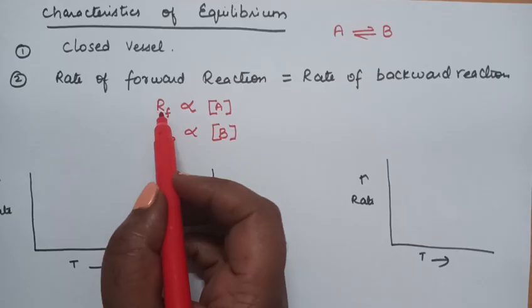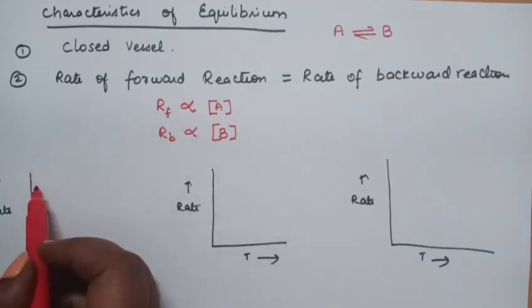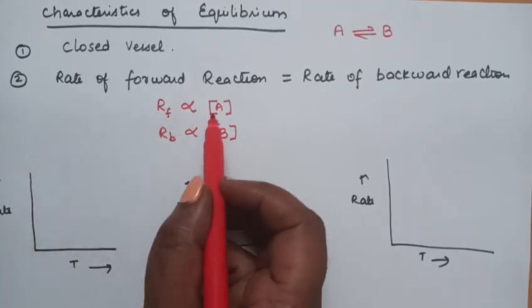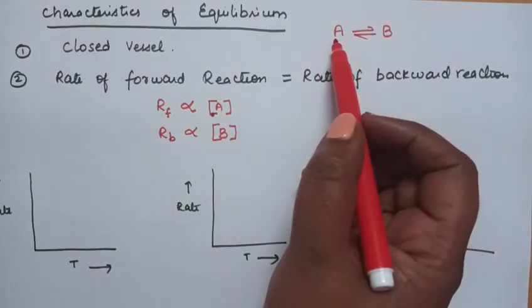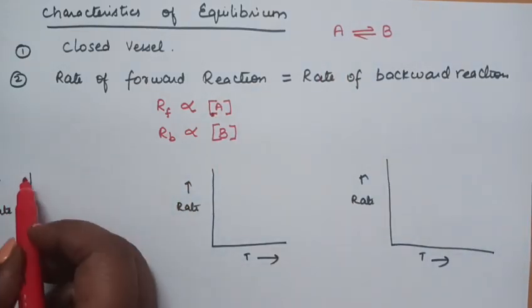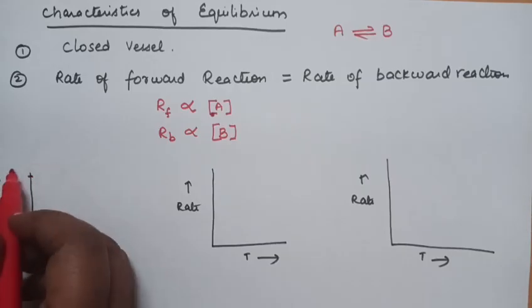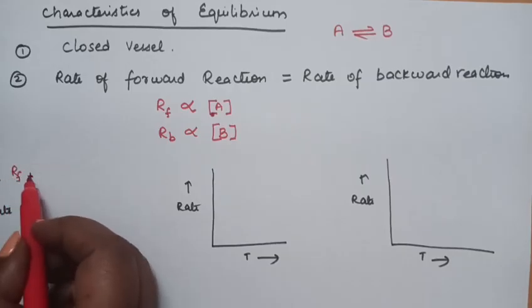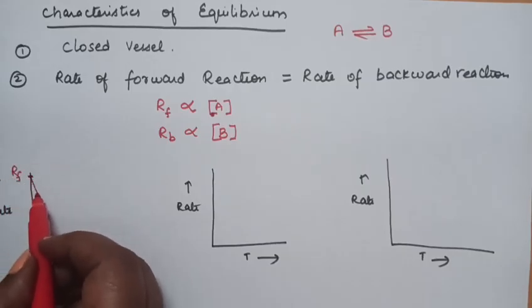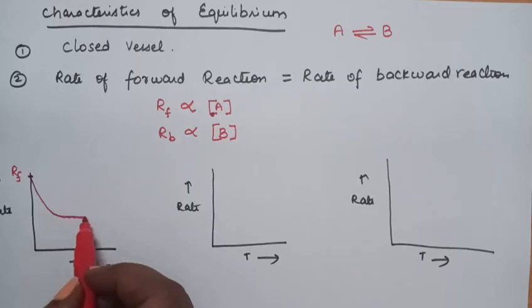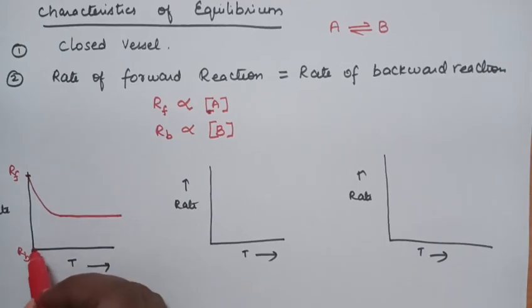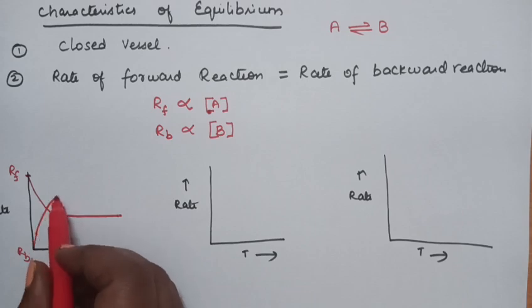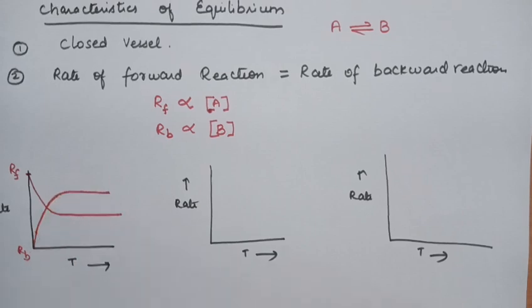Now the rate of forward reaction is directly proportional to the concentration of the reactant. Initially the concentration of the reactant will be more. So here we write the rate of forward reaction, RF. It will decrease slowly like this, and then become constant. The rate of backward reaction will slowly increase and then become constant.